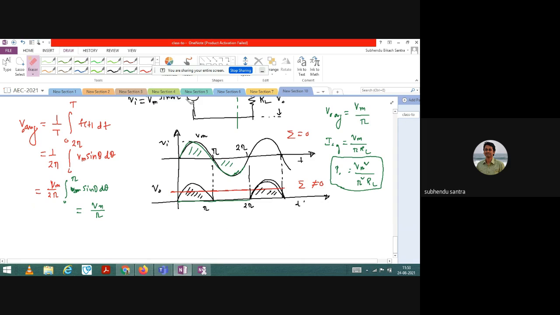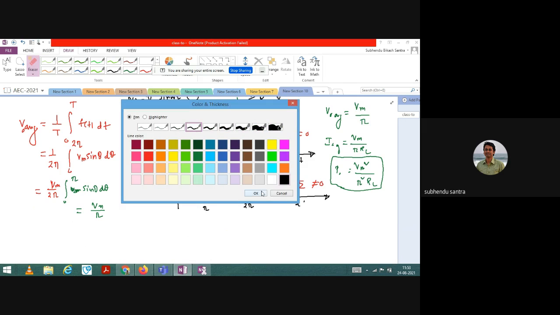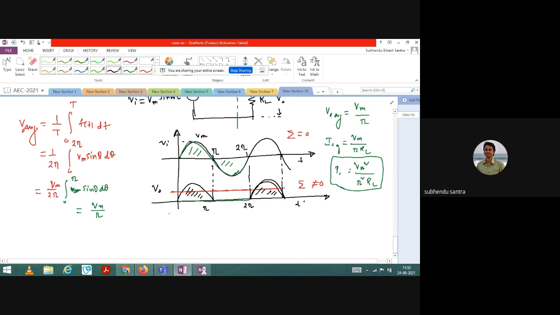So that it will be clear to you how to calculate the input RMS current. You know the output current is nothing but Vm by pi into RL, the average value, which we have already calculated. It is the average output current.